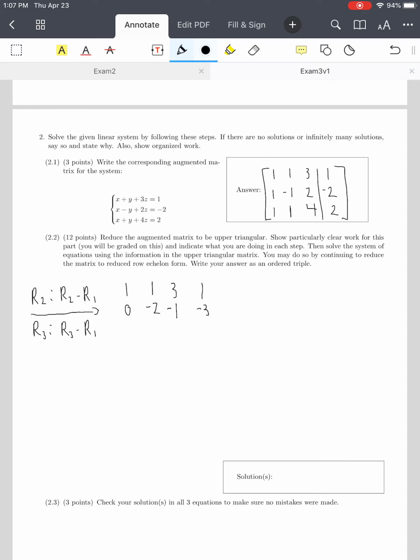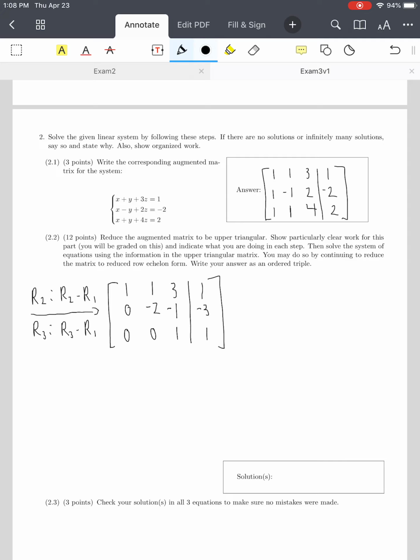And for row 3, same thing, we're just subtracting row 1 from it, so that's 0, 0, 1, 1. Now technically this is row echelon form, it's upper triangular, since everything below the main diagonal is 0.